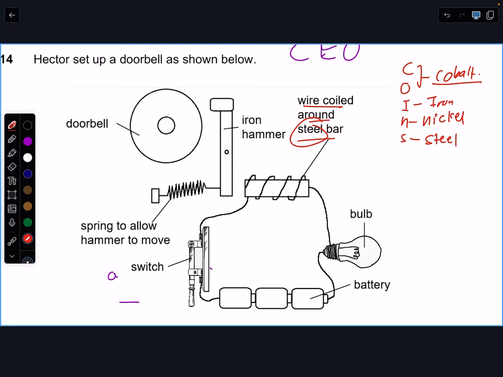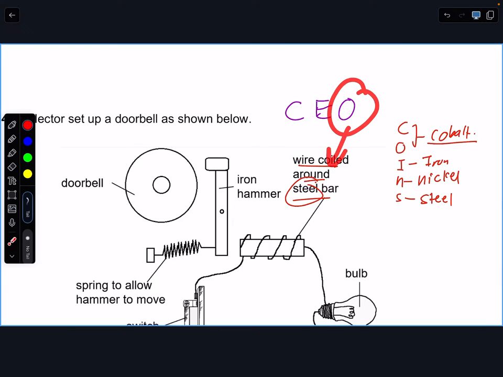So basically, please take note, if this is a magnetic material and there's a coil around it, definitely, almost 99%, there is an electromagnet somewhere in your answer. So you have to put it there. That is usually your outcome, your O. Something will happen and then cause the hammer to hit the bell, whatever.